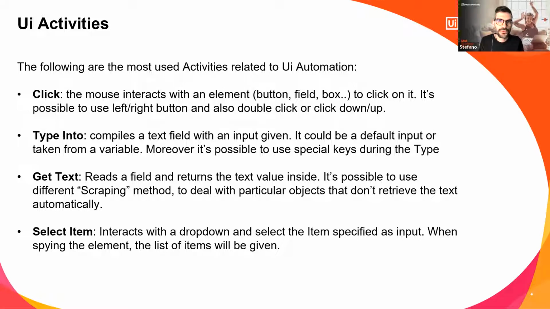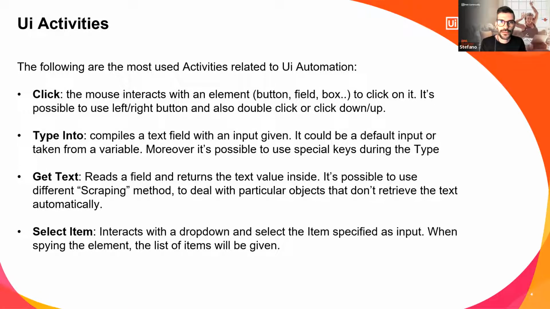It's possible to click both with the left or right button of the mouse, and also you can perform a double click, and moreover you can also click down and keep the mouse clicked down and click up maybe after some time if you need it.